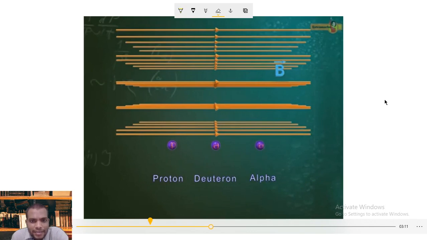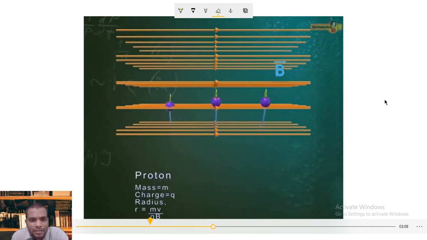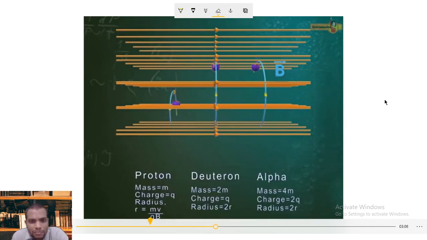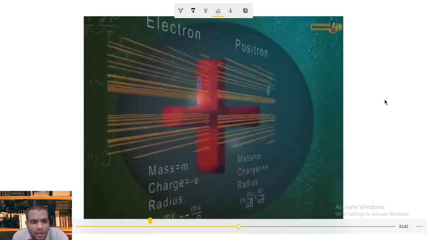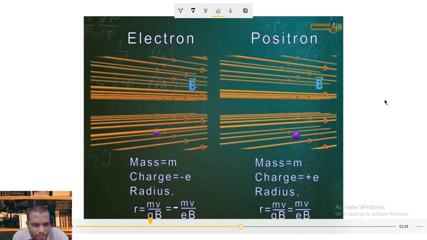Suppose we release three different charged particles: a proton of mass m and charge q, a particle of mass 2m and the same charge q, and an alpha particle having mass 4 times but charge 2q. Try to understand that the radius of the circle depends on mass and charge, so that's the reason the different particles move in different circles.